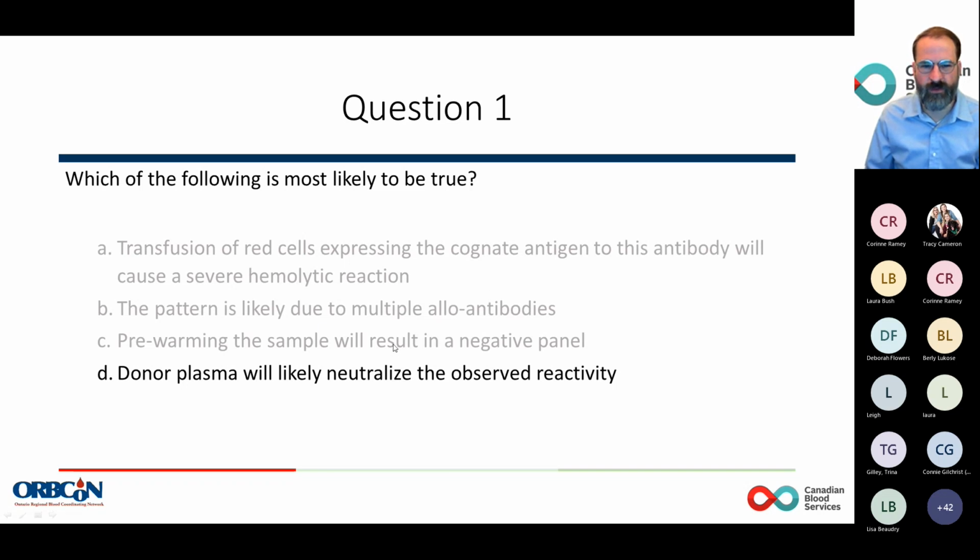And pre-warming the sample is probably not going to cause a reactive panel because we don't think this is a cold antibody interfering. Although I should say pre-warming can make a lot of stuff go away, so be careful about pre-warming if you don't think there's a cold antibody there. It might actually be true, but not a great answer for this question.